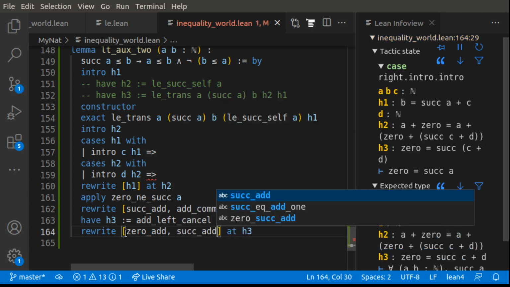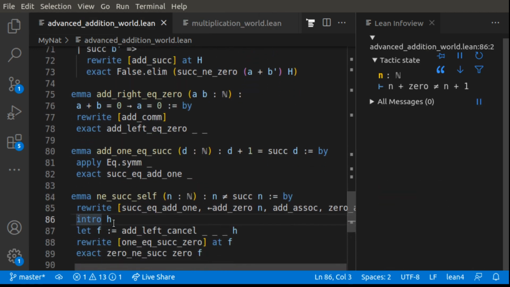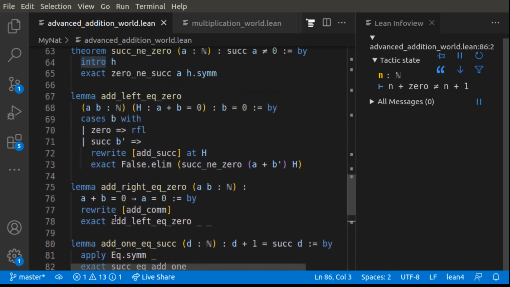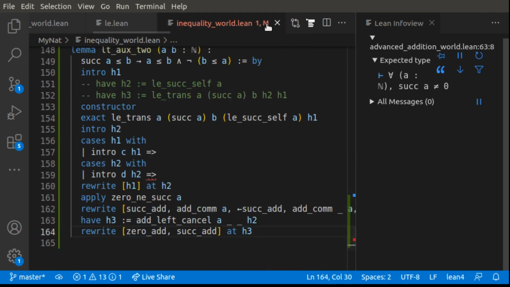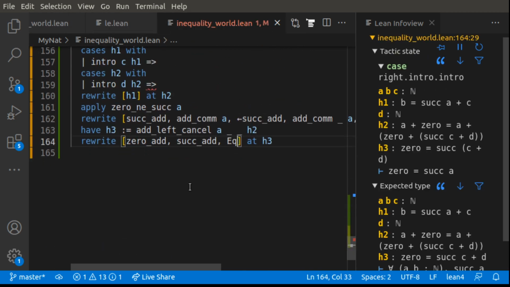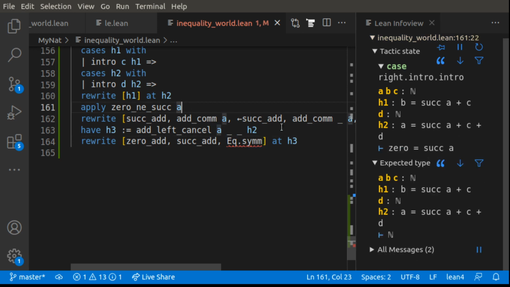Add. Okay, and then now we have, we want to use our not equal. Successor not equal to 0. I guess we could do equal dot symmetric to flip them around.